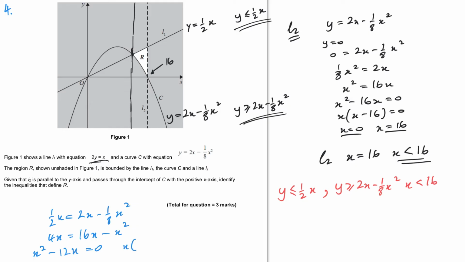So we get x times (x minus 12) equals 0. So we've actually got x equals 0, which we know, and x equals 12. So our fourth and final value here should be that x is greater than or equal to 12. But essentially, anything where I've got x greater than 0, all the way up to that 12 would work.